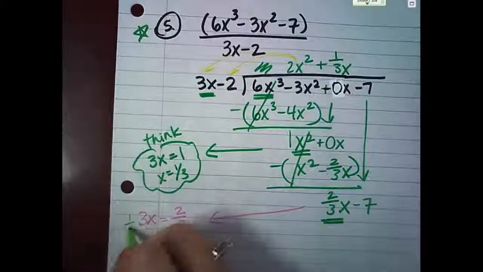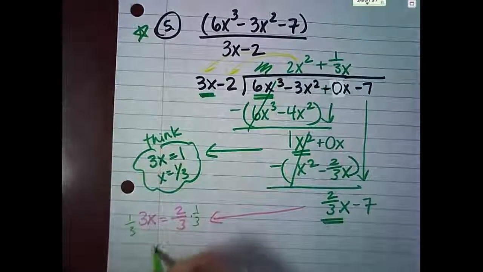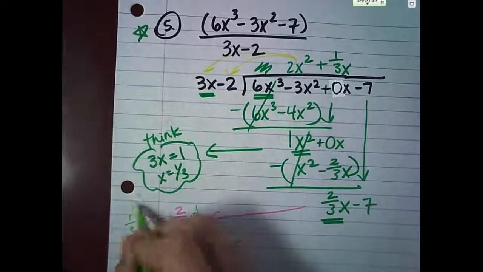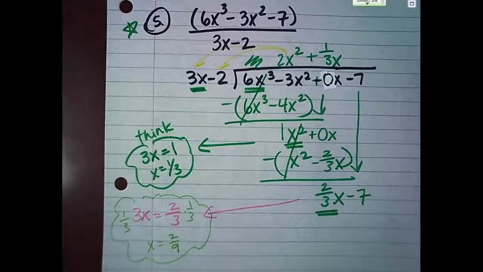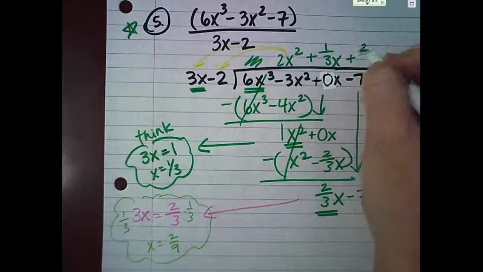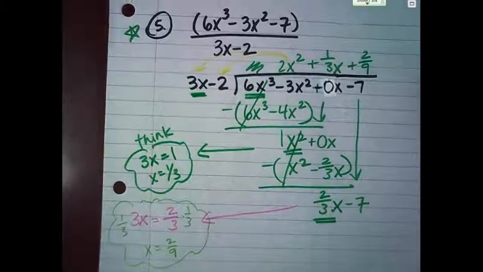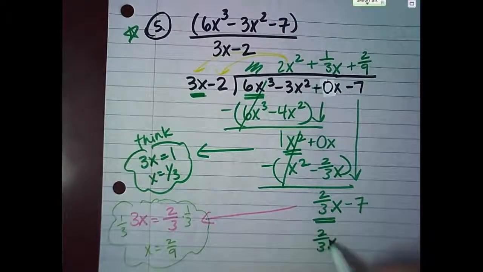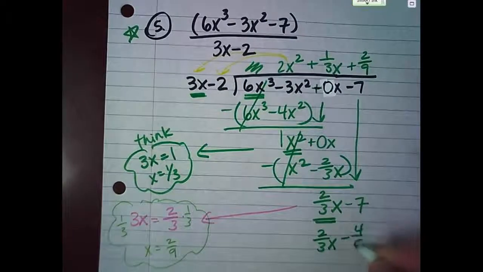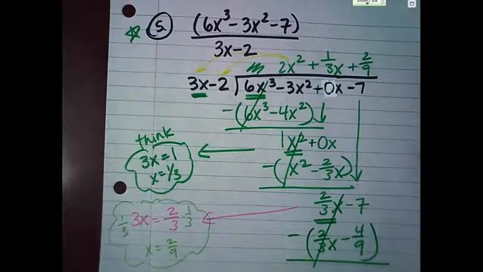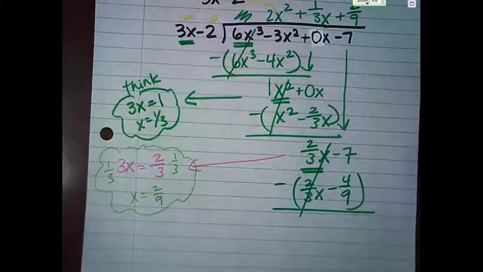You put times 1/3 on this side, times 1/3 on this side, so x is 2/9. 2/9 is what works. Now I need 2/9 times -2, which is -4/9. You might want to use your calculator for this part, but -7 plus 4/9.